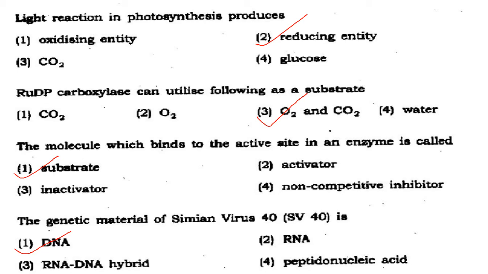Answer is option 1 substrate. The genetic material of simian virus 40 is option 1 DNA, 2 RNA, 3 RNA-DNA hybrid, 4 peptide nucleic acid. Answer is option 1 DNA.